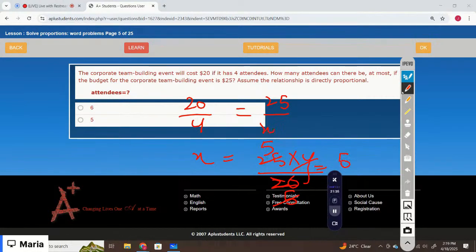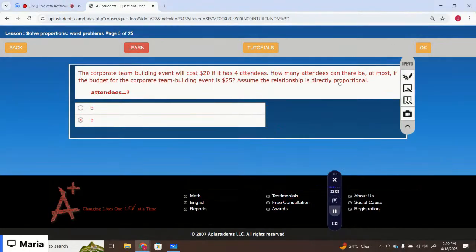Option number 2 is the correct option. That is x equals 5.